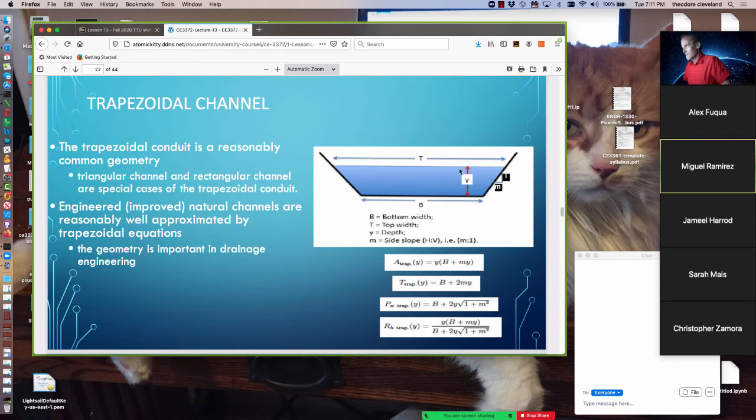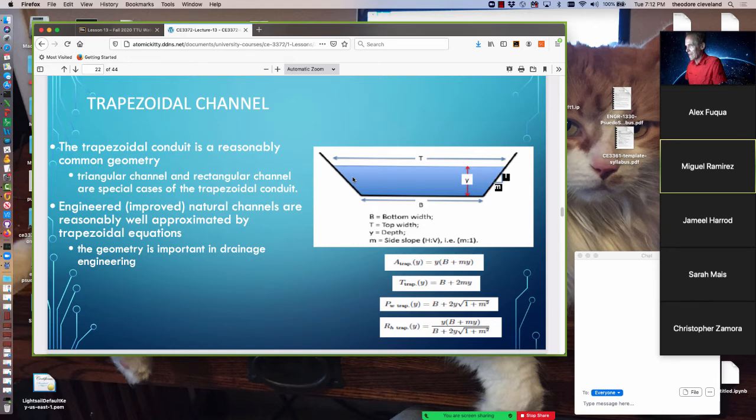The cross-sectional area of flow is the same thing, the shaded blue area, as before. And if you take a look at this, you can see that there is a rectangle right there with the bottom width of the channel, and then we have these two triangular portions off to each side. And so to get the cross-sectional flow area, we take the rectangular portion, the b times y, and then we add the area of the two triangles.